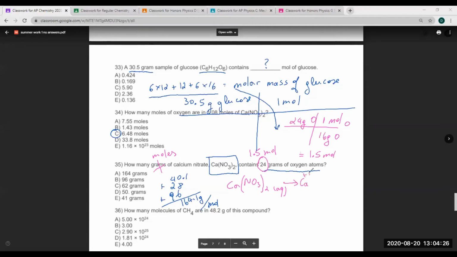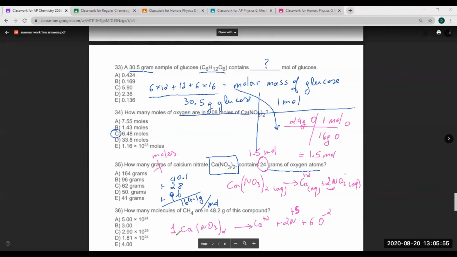We're going to have 2 calcium ions, calcium plus 2, and we also have 2 nitrates in the aqueous solution, which we can break down farther.